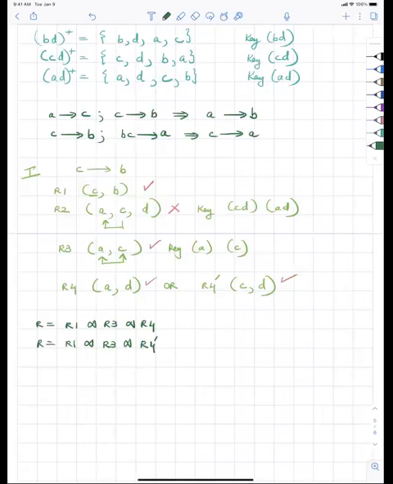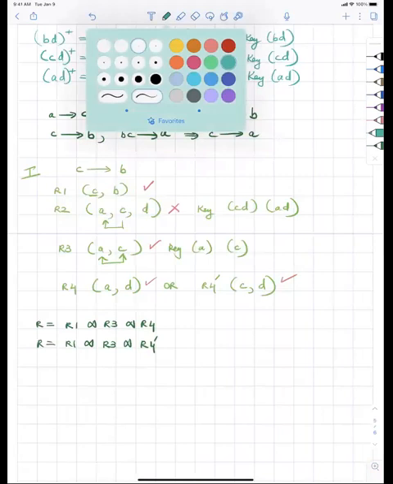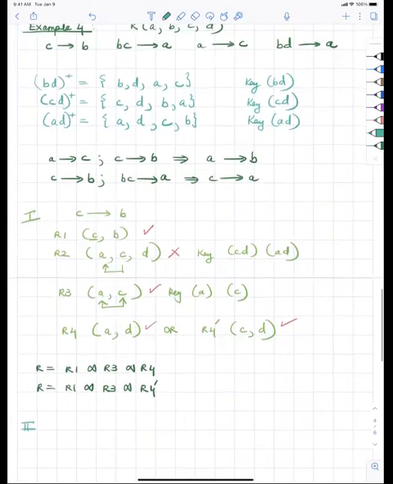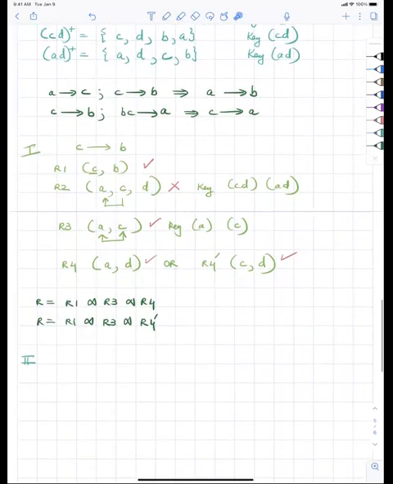So do you understand this one? Okay, just to test yourself, let's look at this. Instead of starting with C goes to B, let's pick, it doesn't matter which one I pick, this one, A goes to B. So let's start with this functional dependency.